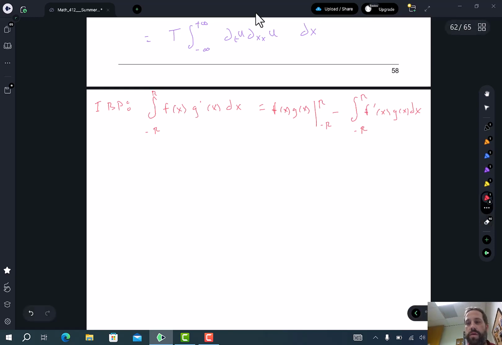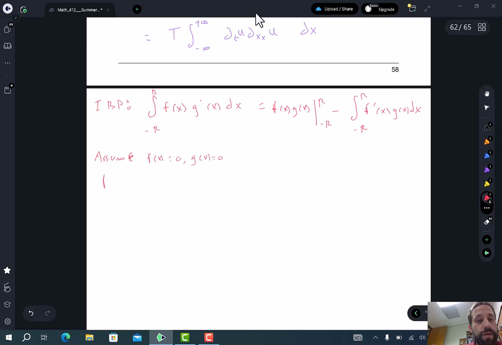So assume f of x is equal to 0, g of x is equal to 0 for large enough x. Similar to how we're thinking about phi and psi.